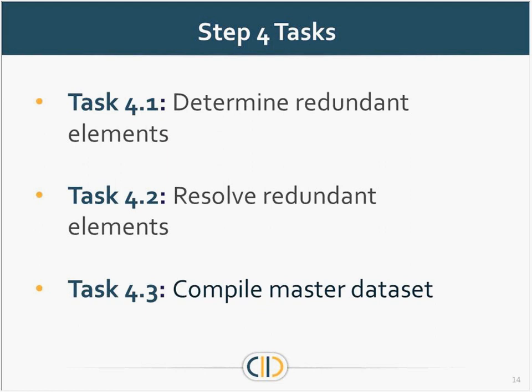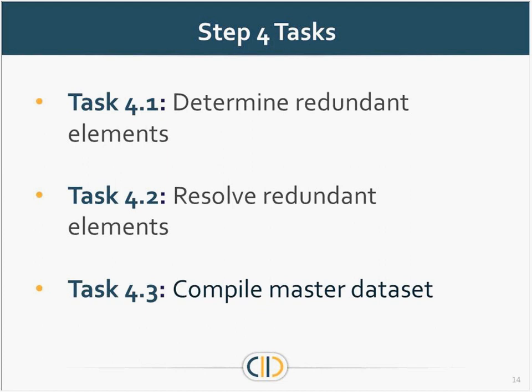Step 4 comprises 3 separate steps, as we've seen here. The redundancies, when you're looking across data systems, we believe is going to take you the most time and effort to resolve. And Ant's actually going to show you some pretty neat little tricks about how to do this using CEDS, and I think you'll find that interesting.